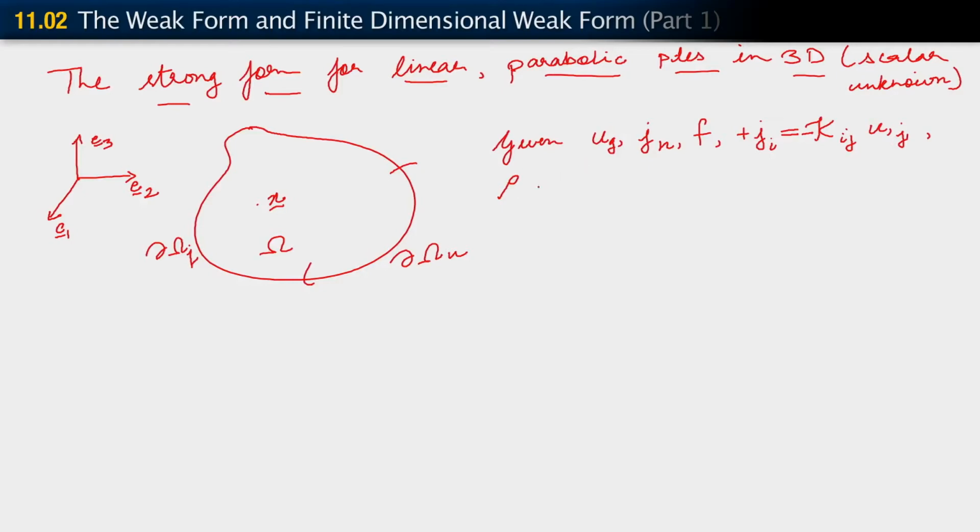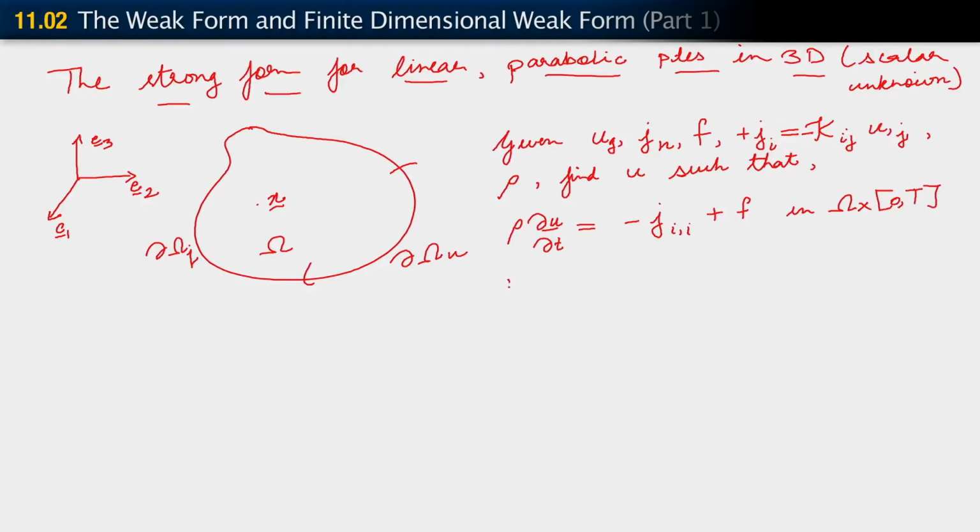Okay, given all of these data, what we want to do is find U such that the following holds. Rho times the partial time derivative of U equals minus J I comma I plus F in omega, the domain cross the time interval of interest.